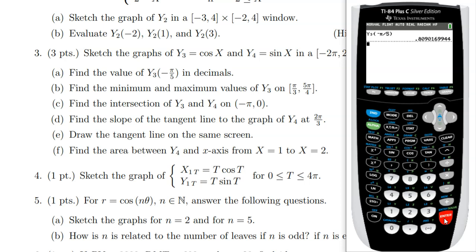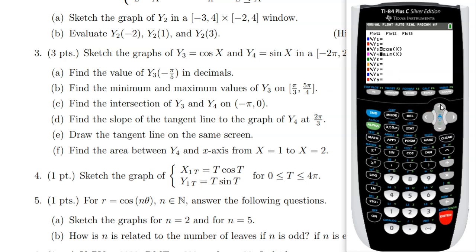So that's part A. In part B, find the minimum and the maximum value of y3 on the interval from pi over 3 to 5 pi over 4. So let's do that. First, so that I don't get confused, I'm still working on y3, so I'm going to hide the other.